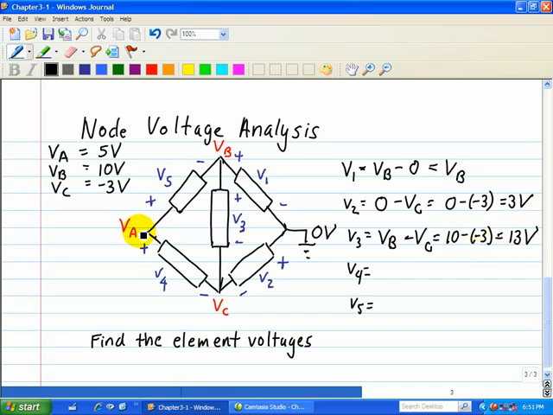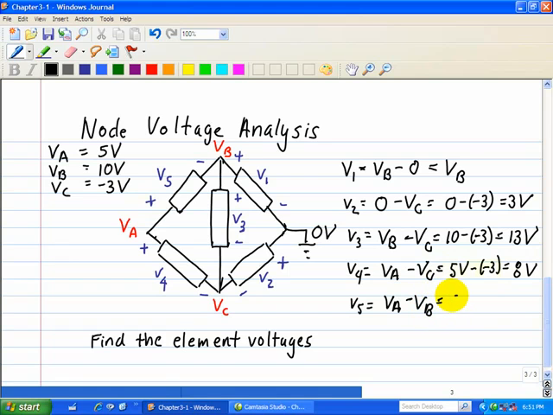V4 is connected to VA at the positive polarity, and the negative polarity is connected to VC, so VA is given as 5 volts minus minus 3, which is equal to 8 volts. And then finally V5: the plus side is connected to VA, and the negative side is connected to VB.